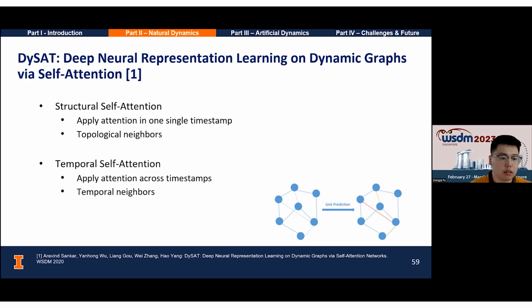For the temporal self-attention, we need to apply the attention mechanism across time steps, but the challenge is how we find the temporal neighbors to attend for a certain node.